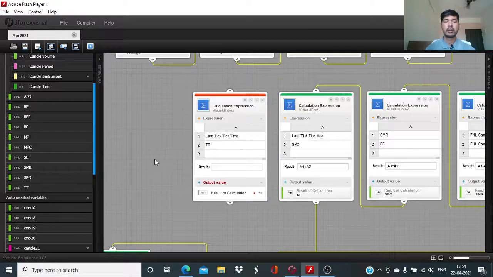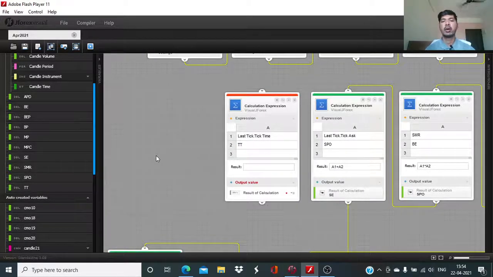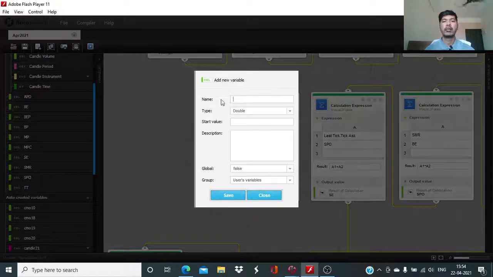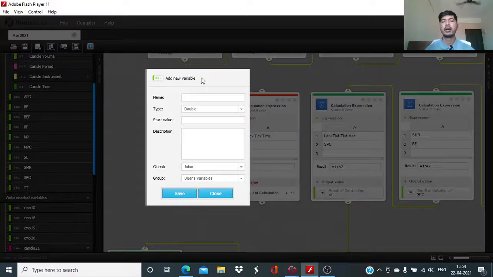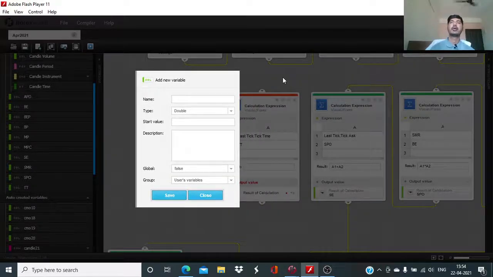And to give us the flexibility of changing the order validity, we can always create a variable and assign the required value. If you want to keep the order valid for 2 hours, then the value should be 2. If you want to keep it valid for 3 hours and so on, you can assign that much value.